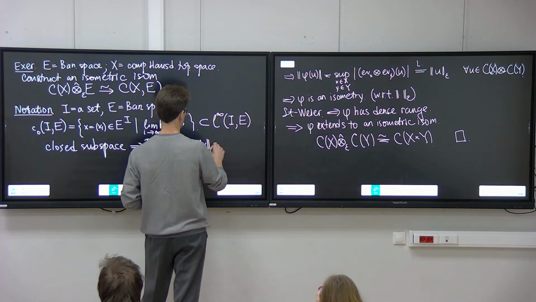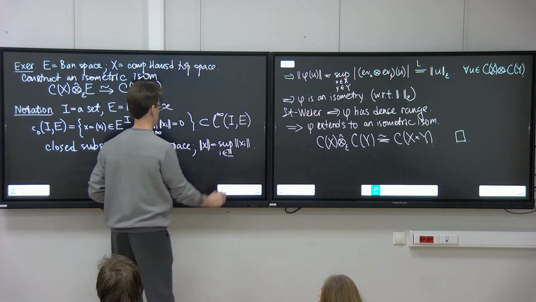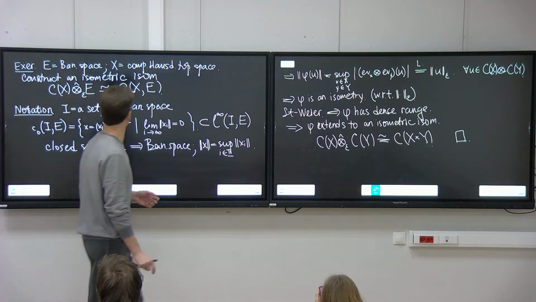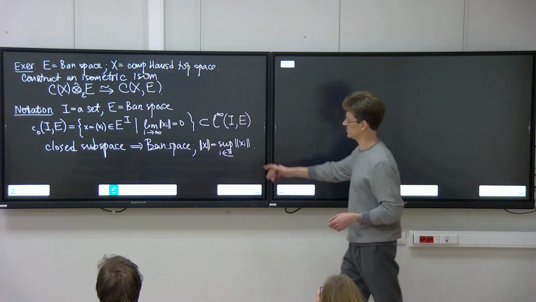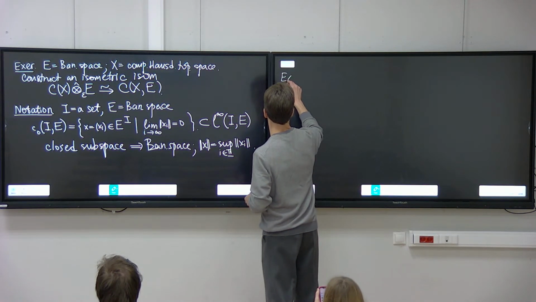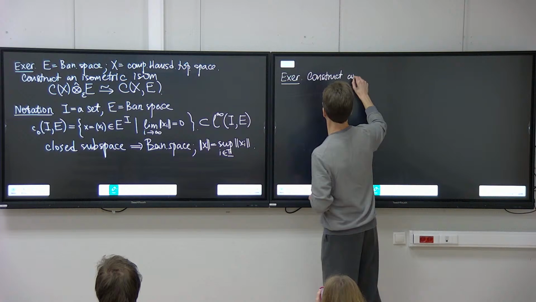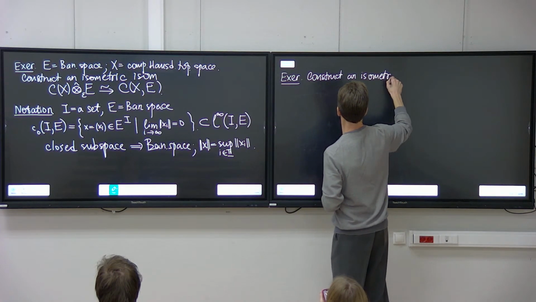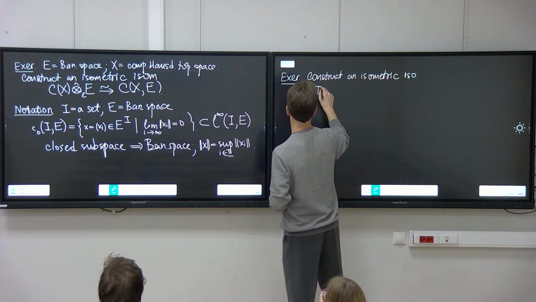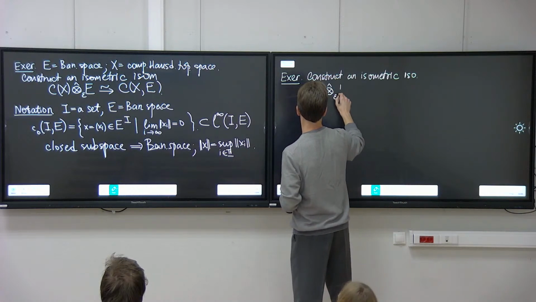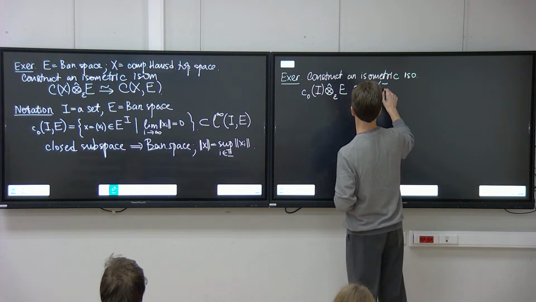The norm of x is just the supremum of the norms of x_i. So here is another exercise, similar to the previous one: construct an isometric isomorphism between the injective tensor product of c0(I) and E and the E-valued c0 space.